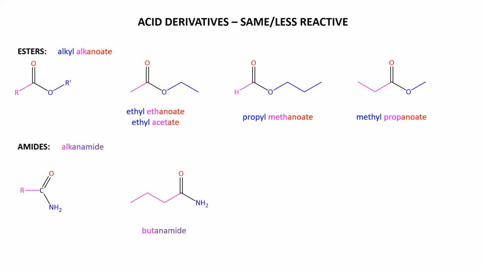So example there, butanamide, 1, 2, 3, 4 carbons, butanamide there. And then we have cyclopentane carboxamide, with carbox to indicate that we've got that ring, that the group is attached to the ring. Okay, so acid chlorides, very reactive. Acid anhydrides, very reactive. Acids, reactive. Esters, reactive. Amides, relatively unreactive.